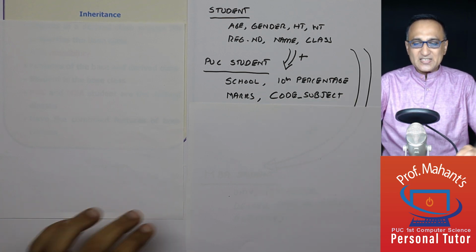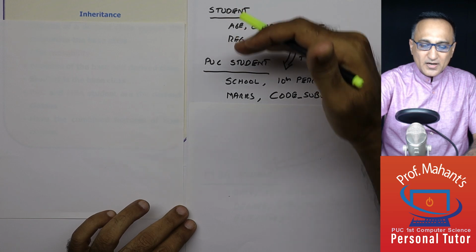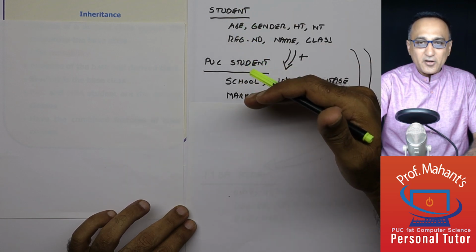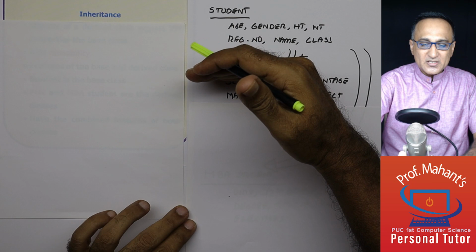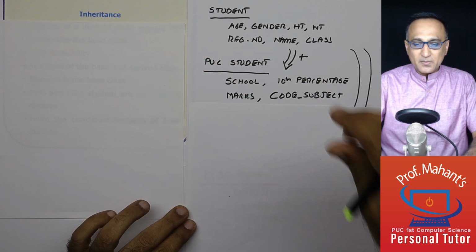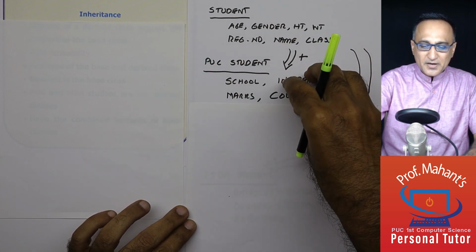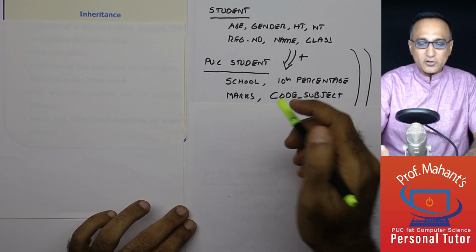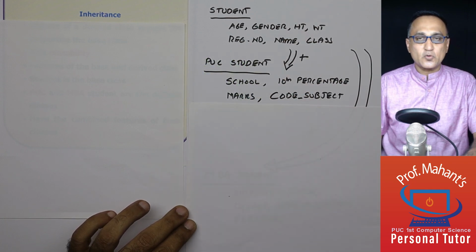So I am reusing what is in student. I am only adding new data and code which is required to process a PUC student. But my original data plus my new data are both accessible to me in this PUC student.